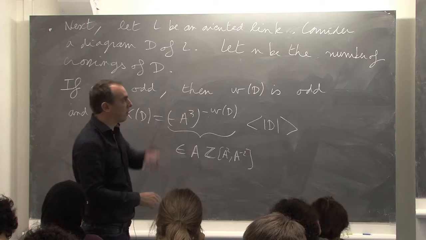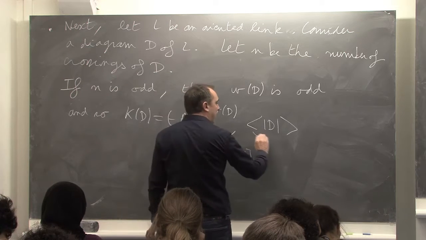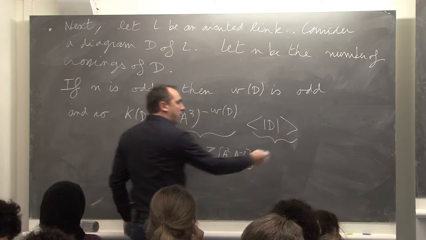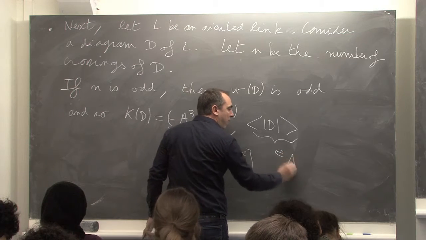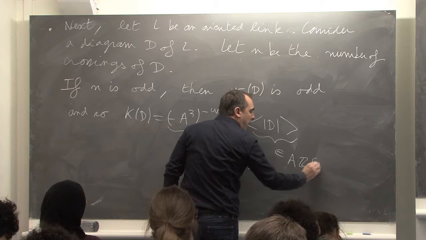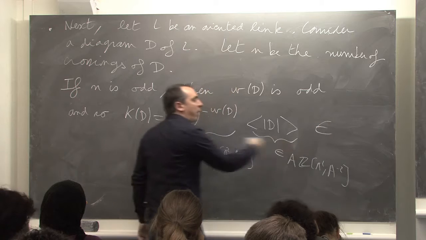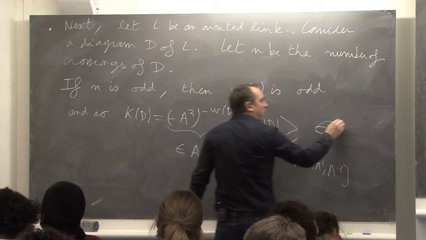So this is the conclusion of before. This is clear because the writhe of D is odd. By before, the bracket belongs also to A Z of A square, A minus square. And so their product is a Laurent polynomial in A square.